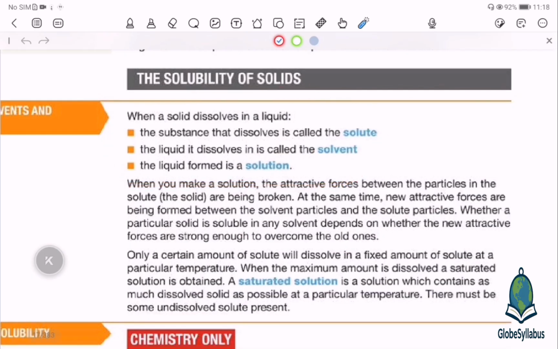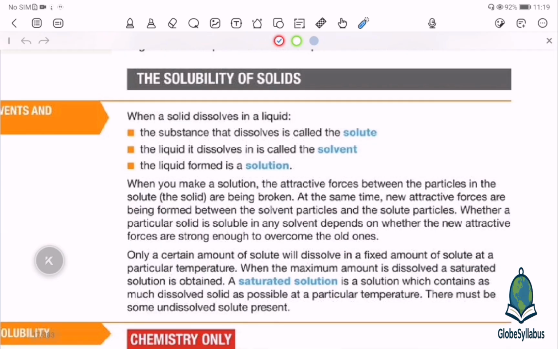For example, I want to mix salt with water. Water here is the solvent, and the salt is the solute. I put the solute in the solvent, dissolve it, and then a solution of salt is formed. This is how you can demonstrate it.